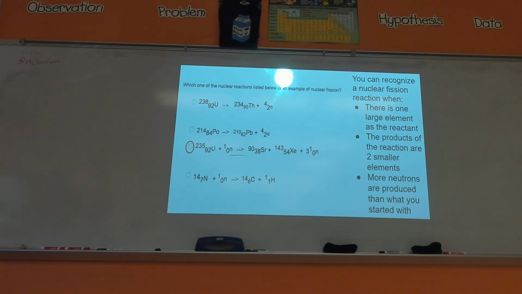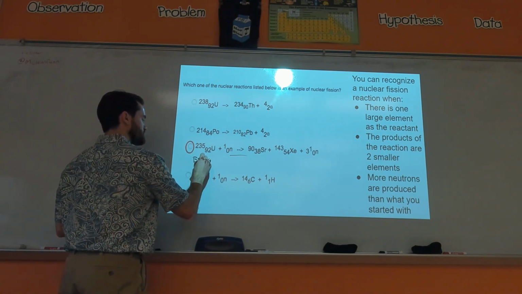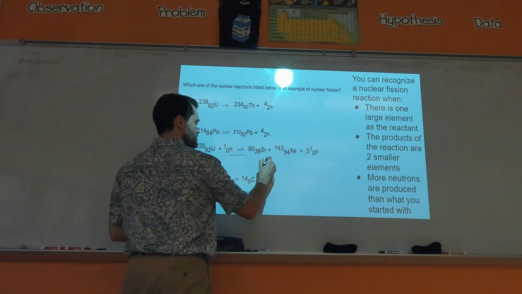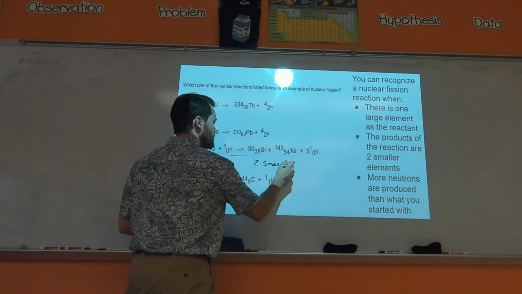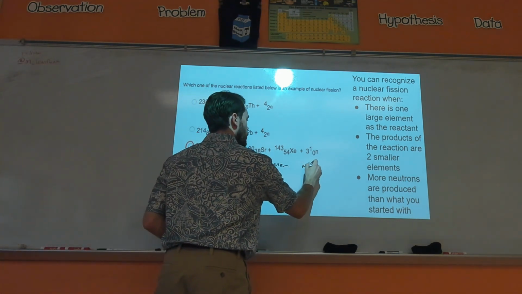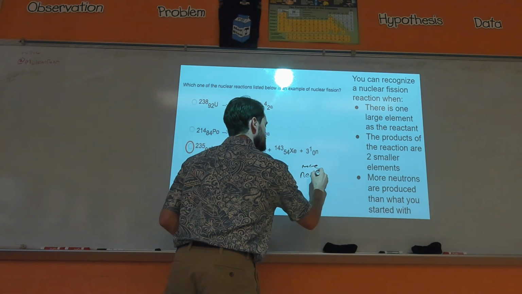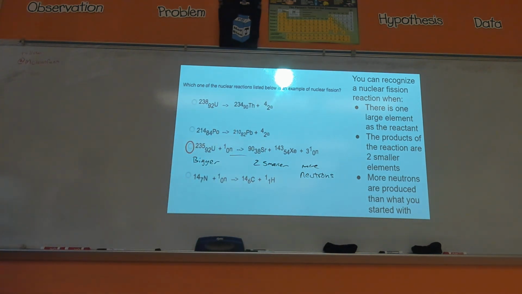You don't have to write this whole thing down word for word, but maybe you could say bigger, then two smaller, like multiple smaller, and then more neutrons. Could be the bits of notes you could jot down.